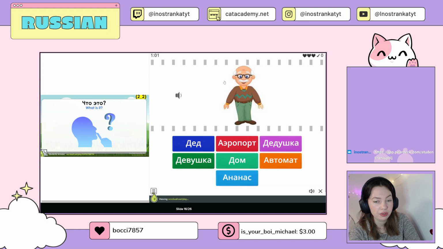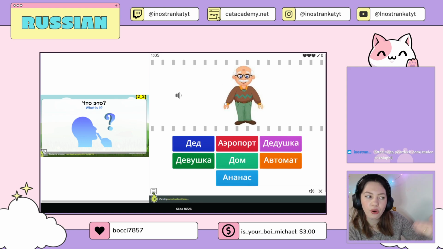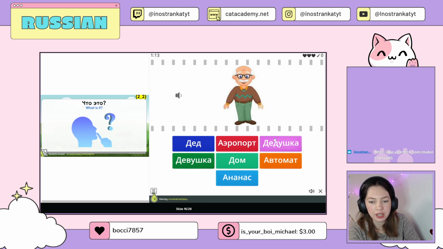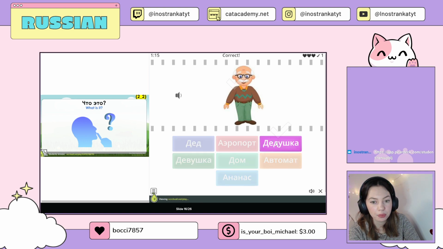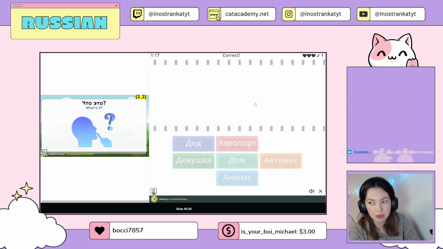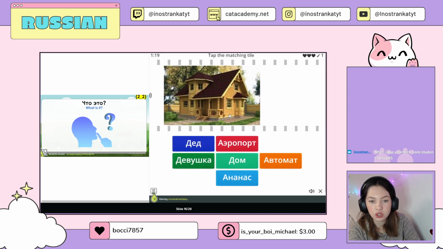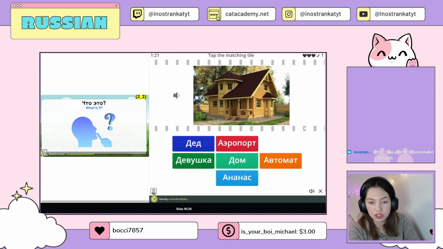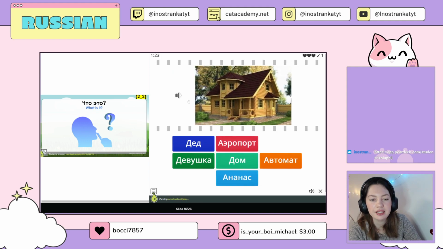So it means a grandpa, a grandfather, a long name. Дедушка. So if you remember, it should be the pink or purple. And when you play this game, you might have different colors and different order of words. So you need to listen carefully and think by yourself.